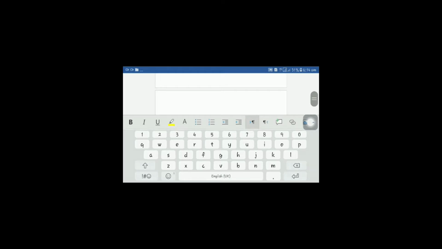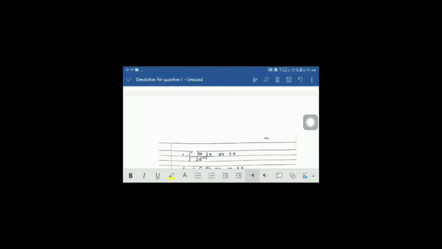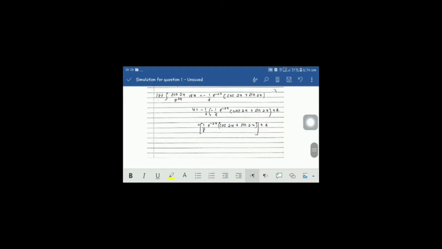So, we get the answer for u is 1 over 8 exponent negative 2x (cos 2x plus sin 2x) plus a. This is u.